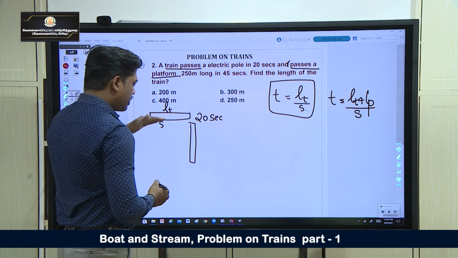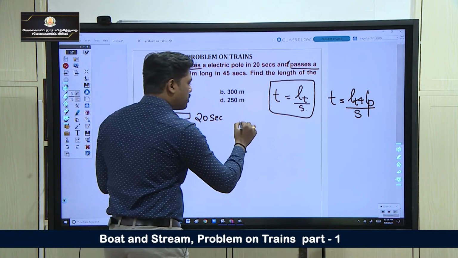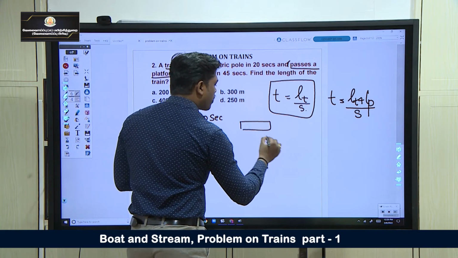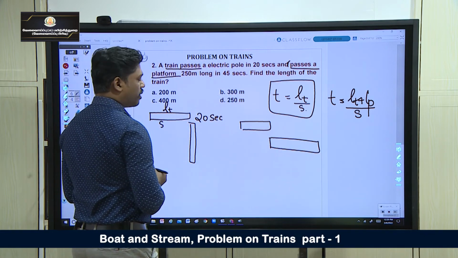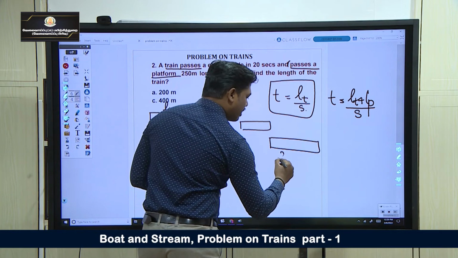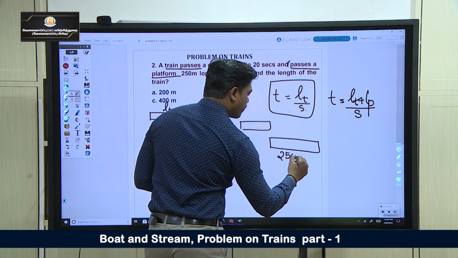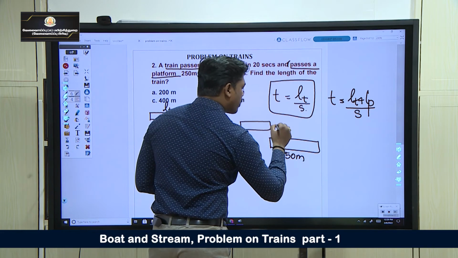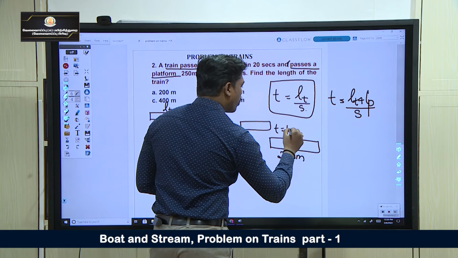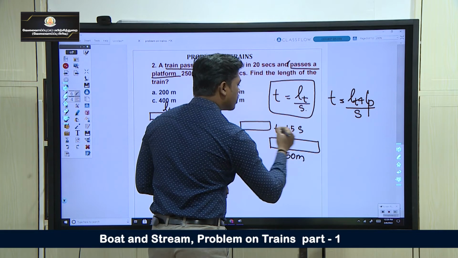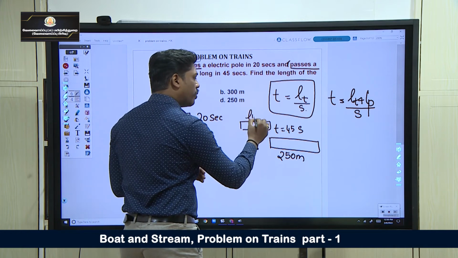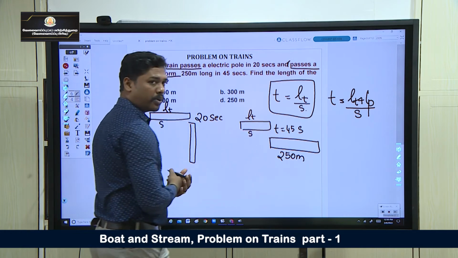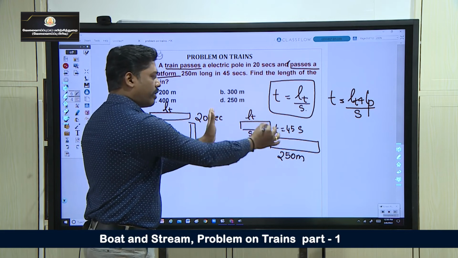The same train moving at the same speed crosses a platform. Platform length is 250 meter. It crosses the platform in 45 seconds. So, length of train unknown, speed of train unknown. We are having two sets of data.